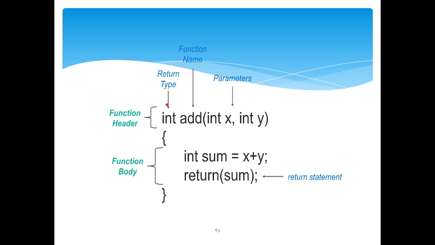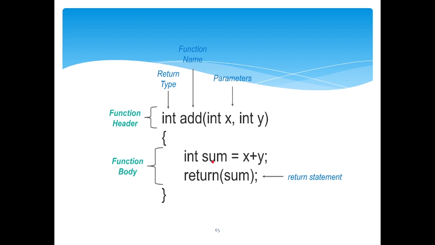That function call must contain a value. So how will that function call get the value? Using this return statement. Using the definition of a function, the value is returned to the caller function. That is the use of this return statement.